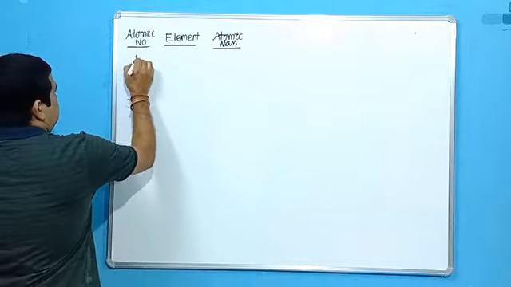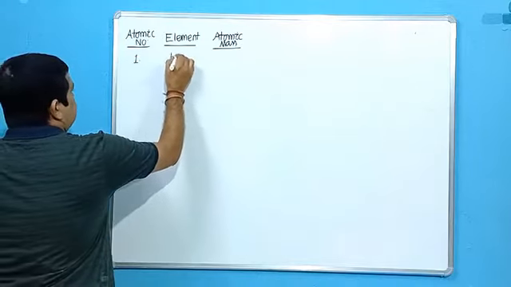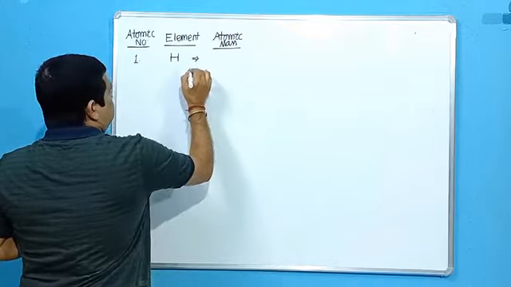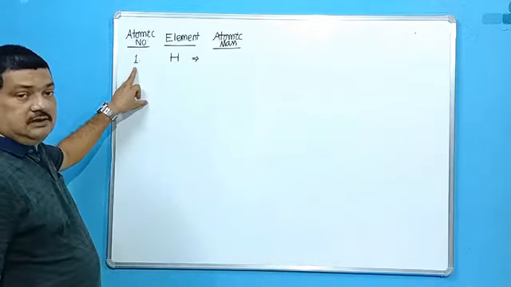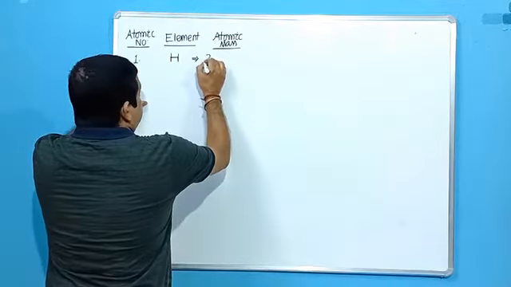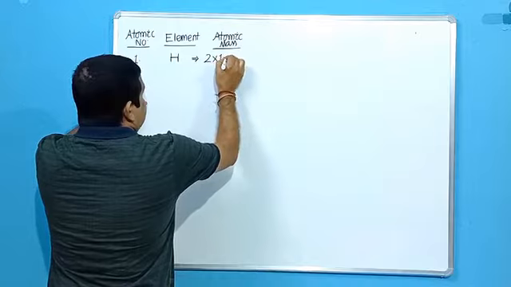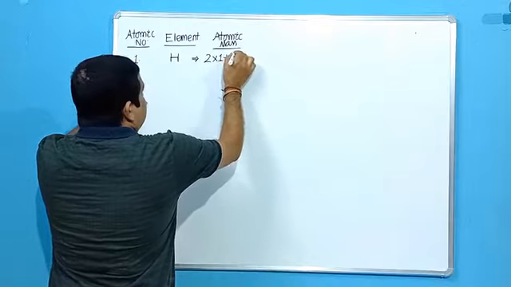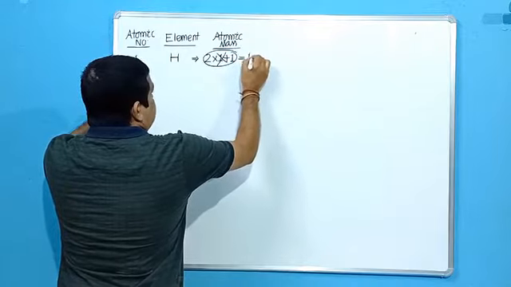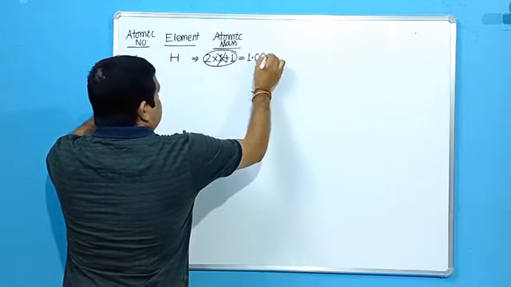So atomic number 1 element is, I am writing the symbol only, H, hydrogen. So for this, what should be the formula? Now Z is equal to 1, atomic number is 1. It should be 2 into 1 plus 1, 3, but it is not 3, it is 1.008.